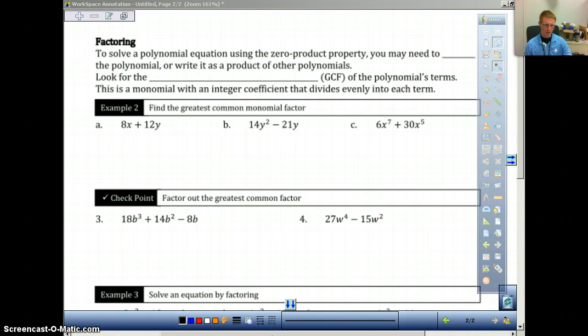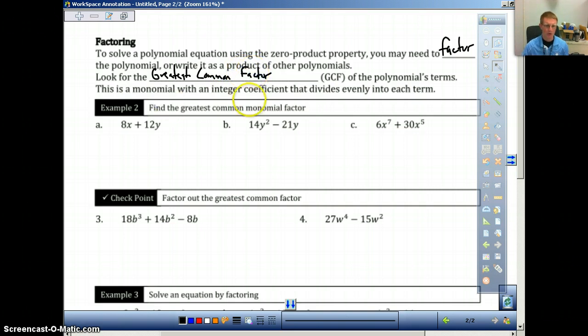So it says, to solve a polynomial equation using the zero product property, you may need to factor the polynomial, or write it as a product of other polynomials. Look for the greatest common factor of the polynomial's terms.